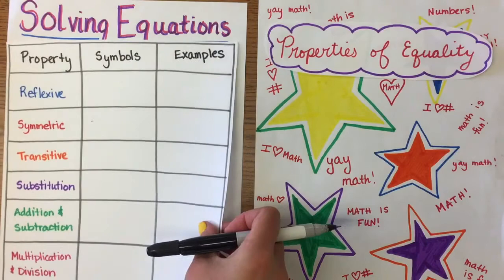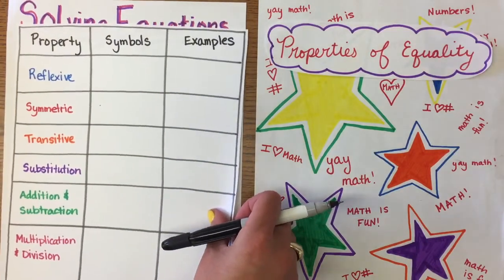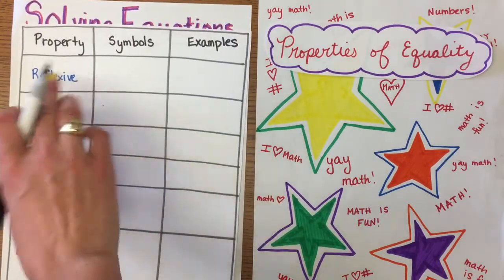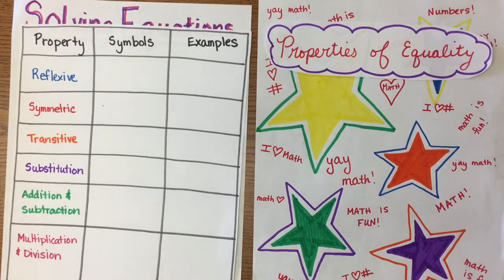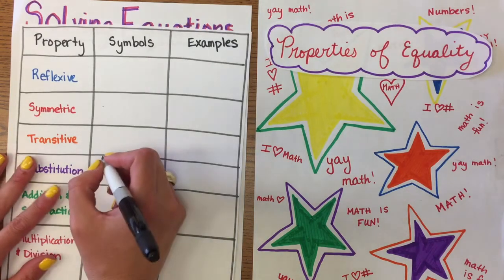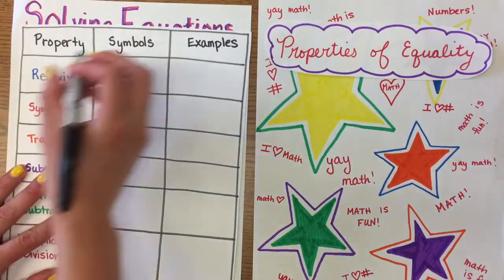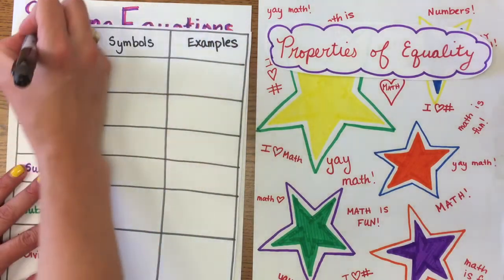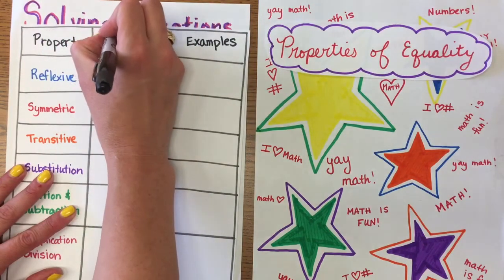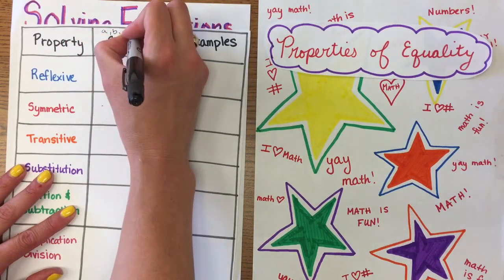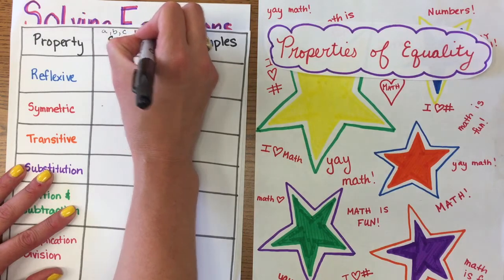The properties of equality we're going to look at in this video are the reflexive property of equality, symmetric, transitive, substitution, addition and subtraction, and multiplication, division. The reflexive property is for any real value, real number A. For all of these, A, B, and C are real numbers.